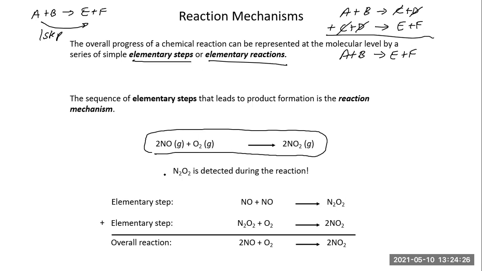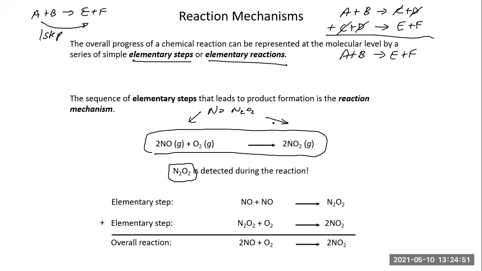When this reaction actually takes place, another gas, N2O2, is actually detected during the reaction. If we look at the overall reaction, though, we see pretty much no N2O2 found anywhere in it.